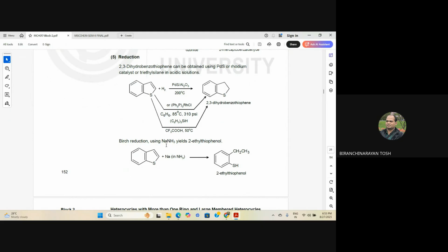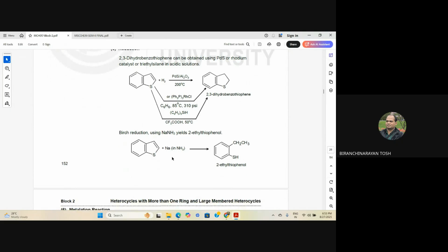When we use sodium in liquid ammonia, the ring will break and we will get 2-ethyl thiophenol.